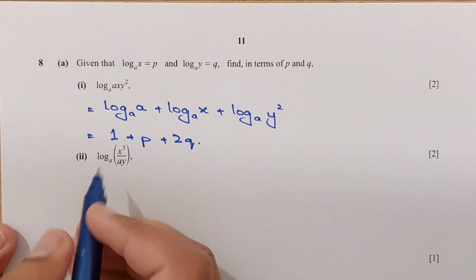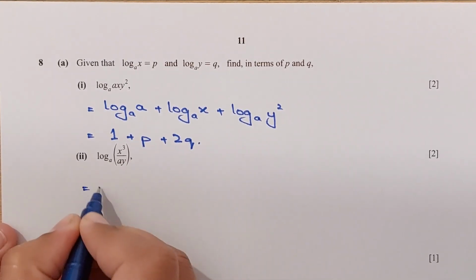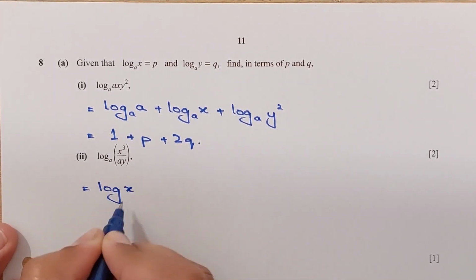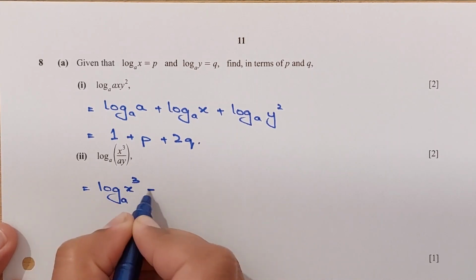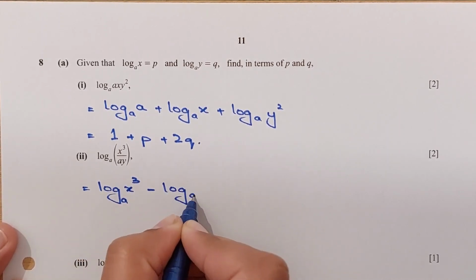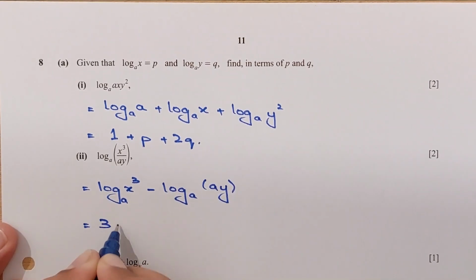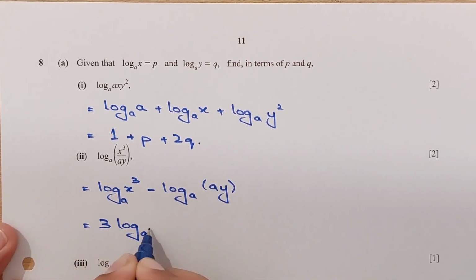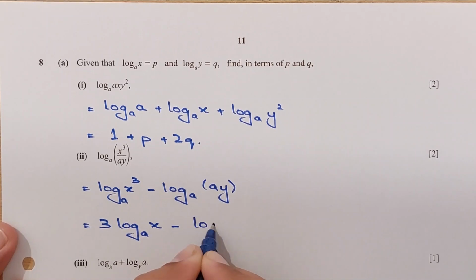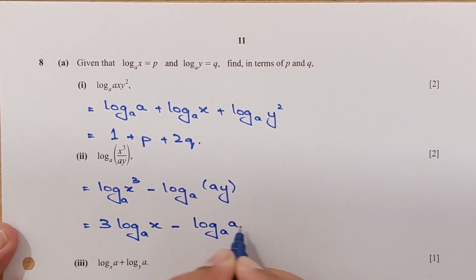Now for the second, let me simplify this. We have log base A of X cube over AY. Again, open it: 3 log A of X minus log A of AY.